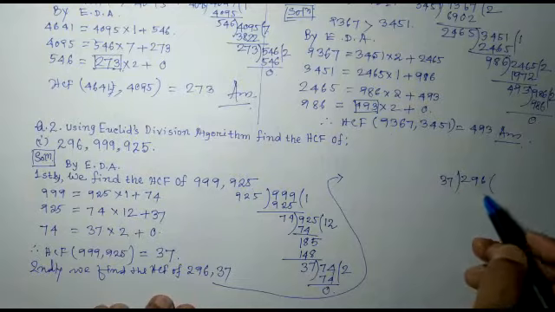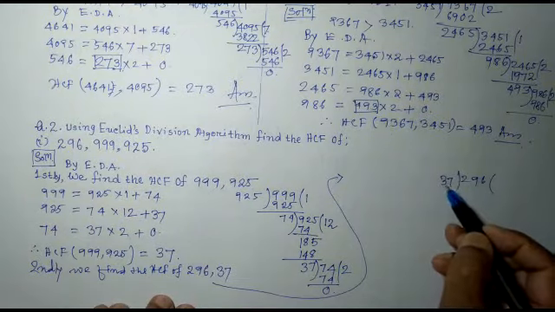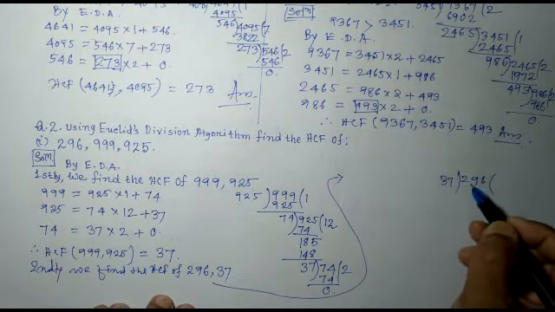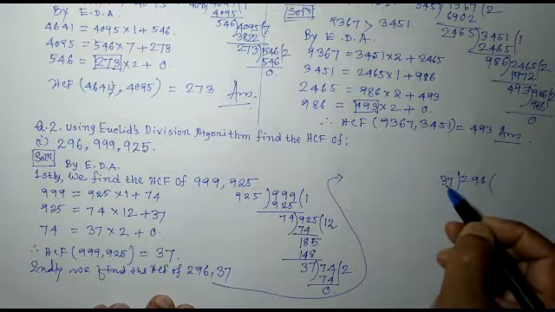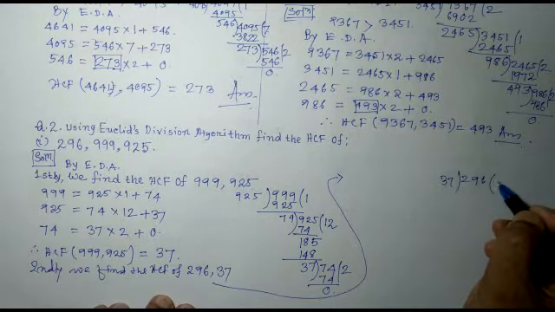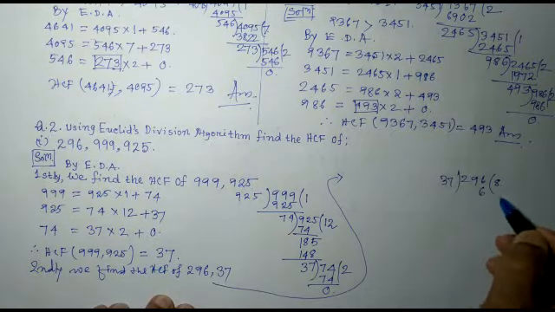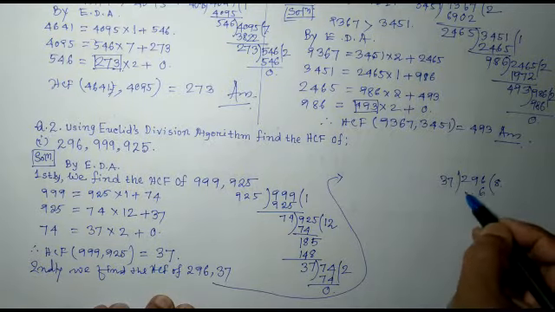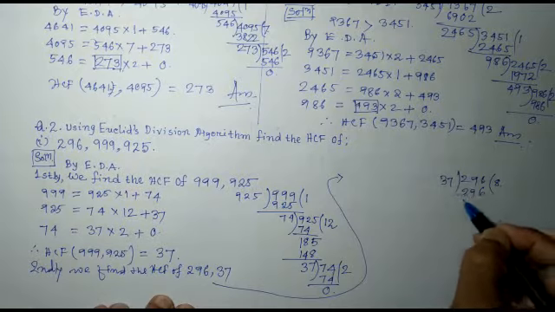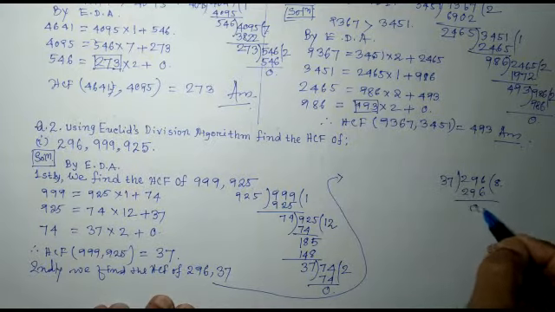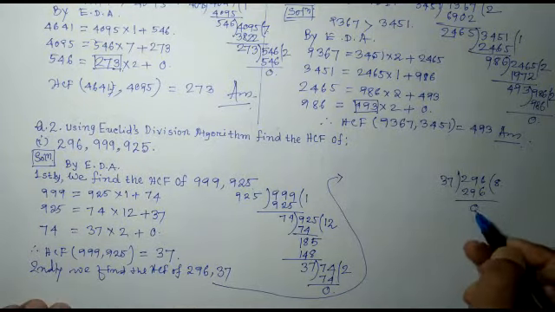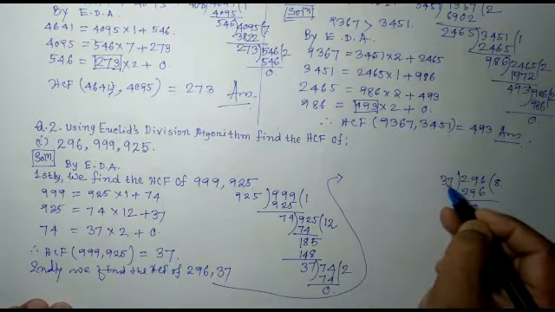See, 29 is smaller than 37, so we have to divide all three digits 296 by 37. I think it is only 8 times. 8 into 7 is 56, carry 5, then 8 times 3 is 24 plus 5, 29, 296. The remainder will be 0. So our H.C.F will be 37.